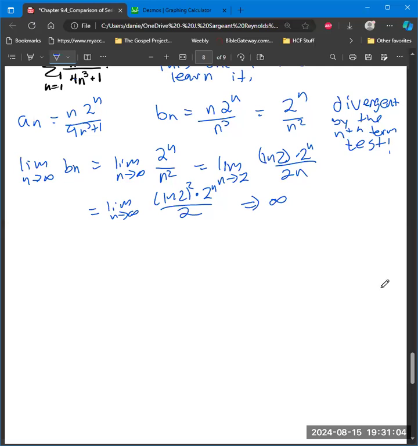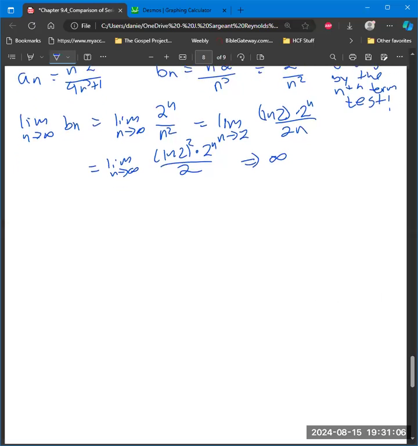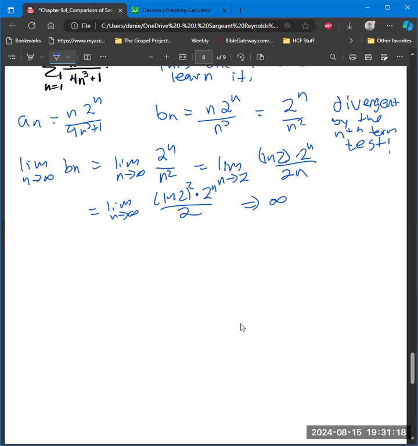So that said, we're going to come back to the limit comparison test now and say, okay, we know that AN and BN, actually, let's find the limit of them. Sorry.